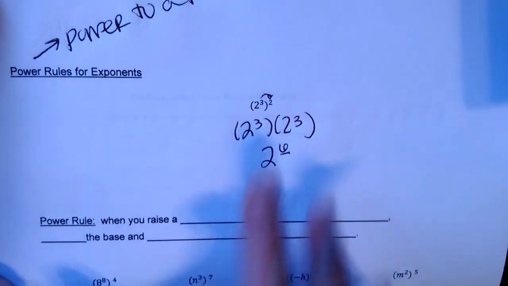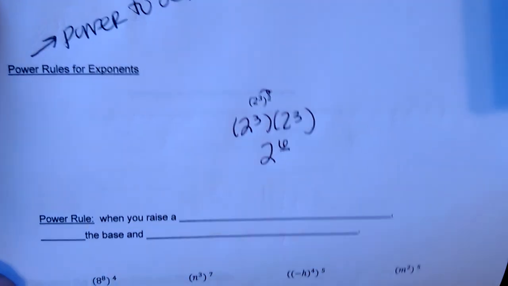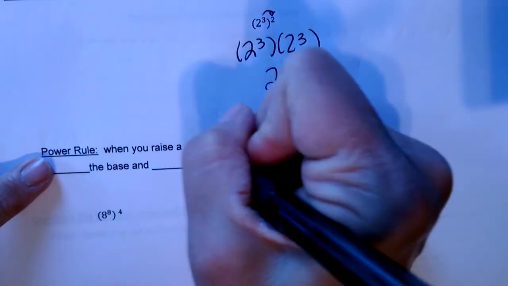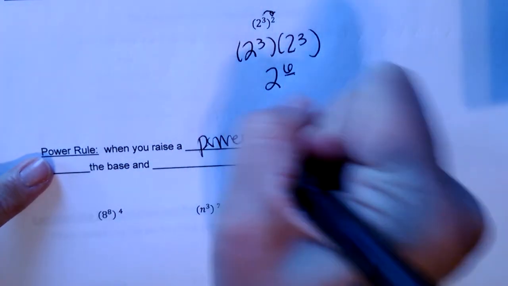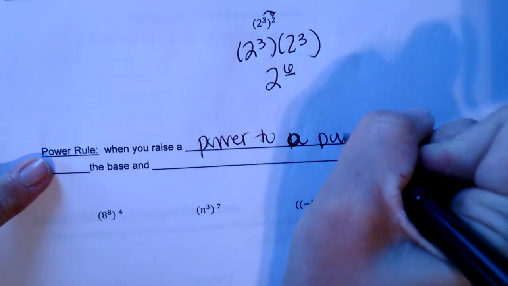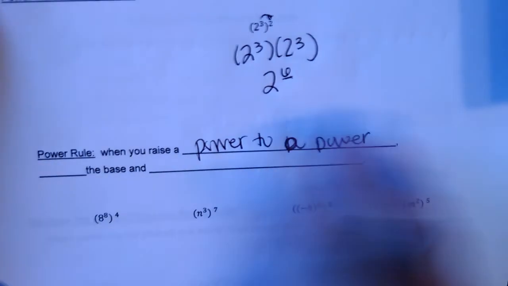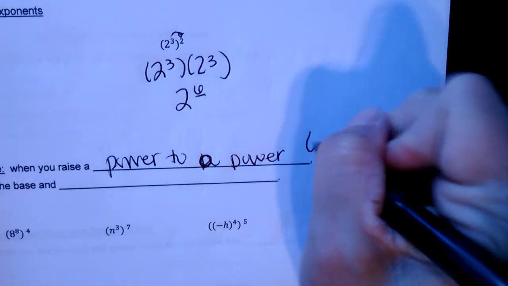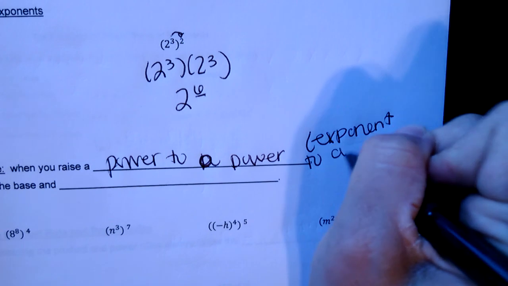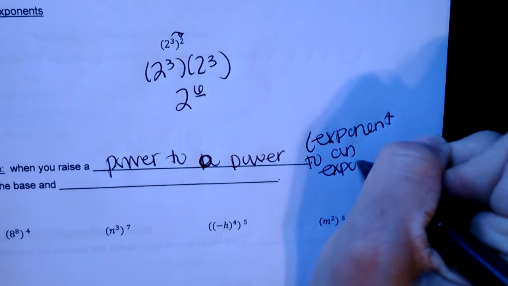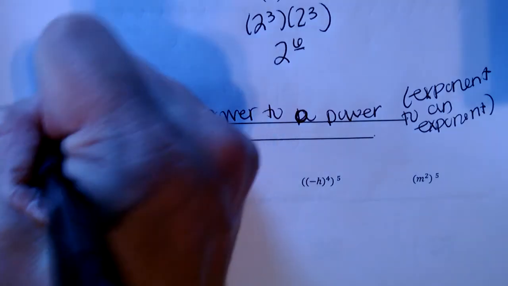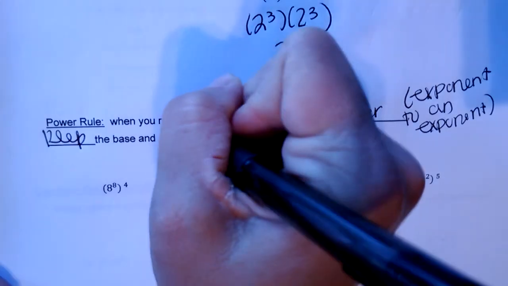So our power rule tells us when you raise a power to a power, in other words, an exponent to an exponent, you will keep the base like we've been doing, and you will multiply the exponents.